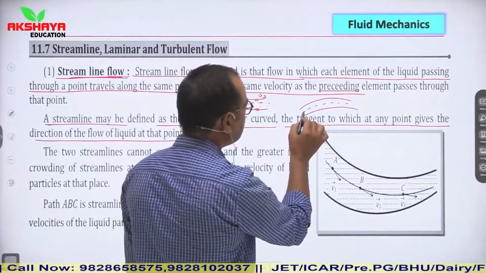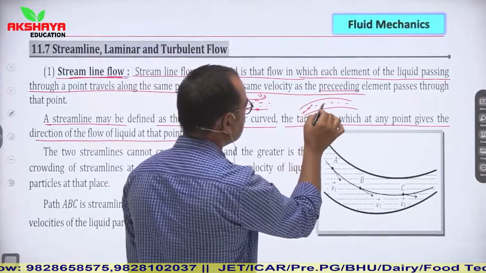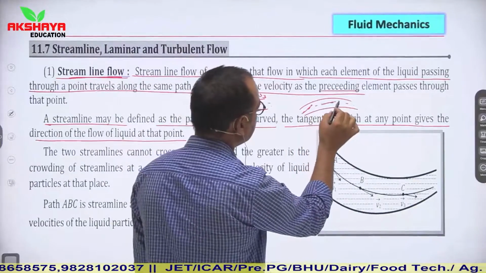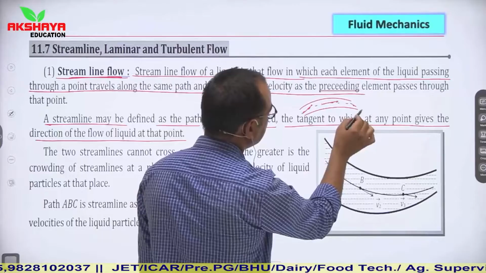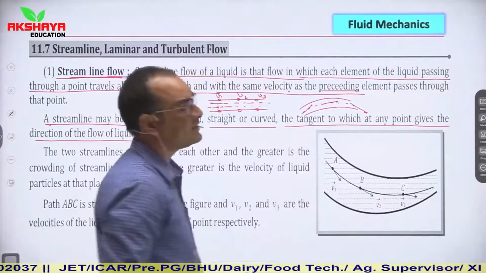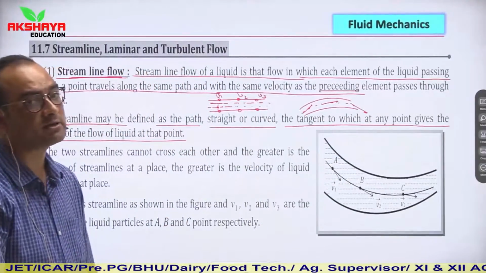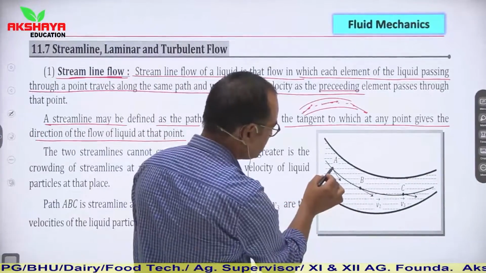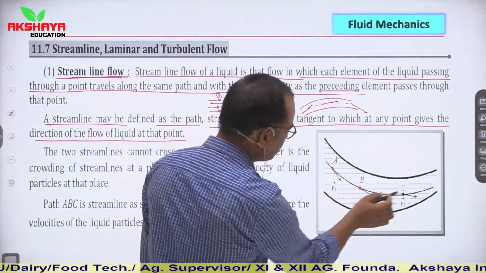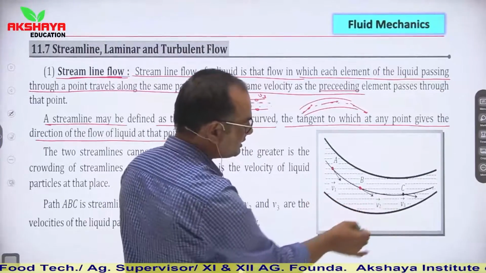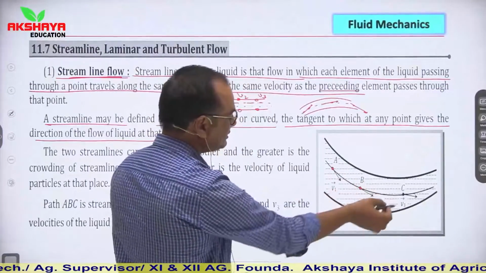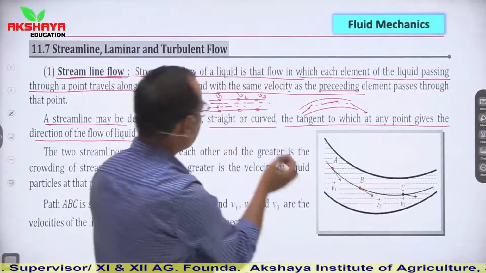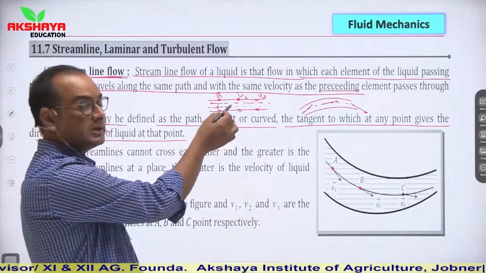So here if I draw the tangent, its direction is this. At this point, its direction is this. At this point, its direction is this. So any tangent drawn at that point gives the direction of fluid flow. So here it is explained. These three different points are considered, and these three different velocities are considered at points A, B, and C. So this is for a curved path, and I have explained here for a straight path.